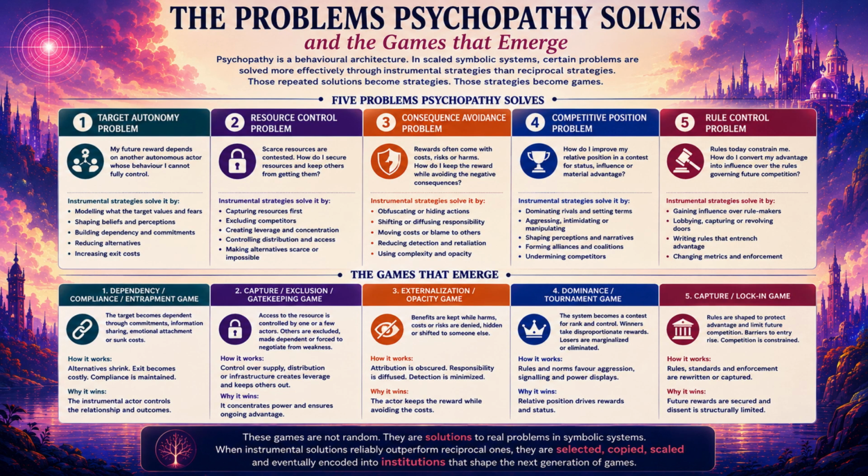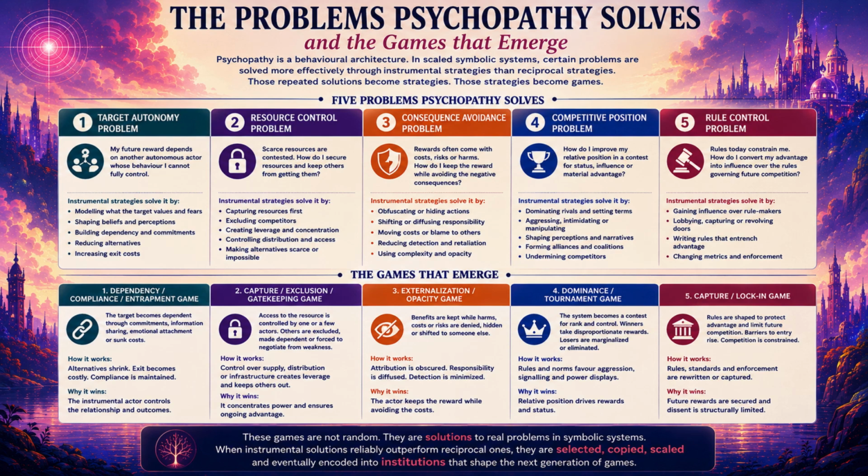So the key idea on this slide is that games are downstream of problem solving, right? They're produced from these problems that psychopathy actually solves in symbolic systems. So behavioral architectures generate solutions to recurring strategic problems in symbolic systems. Repeated solutions alter dependency of other actors, access of other actors, attribution of causing harm, rank and rules.